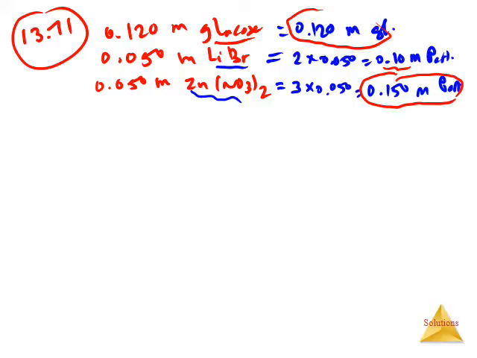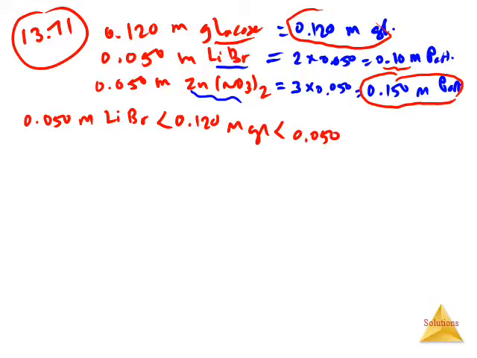So let's now organize in increasing order as this question is asking for. 0.050 molal lithium bromide less than 0.120 molal glucose less than 0.050 molal zinc nitrate.